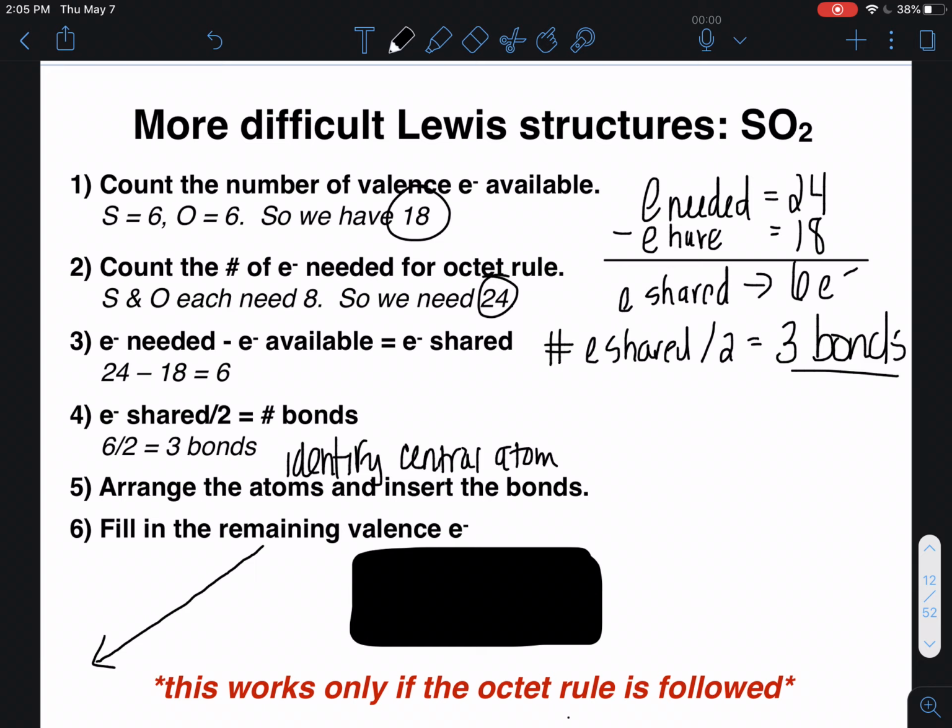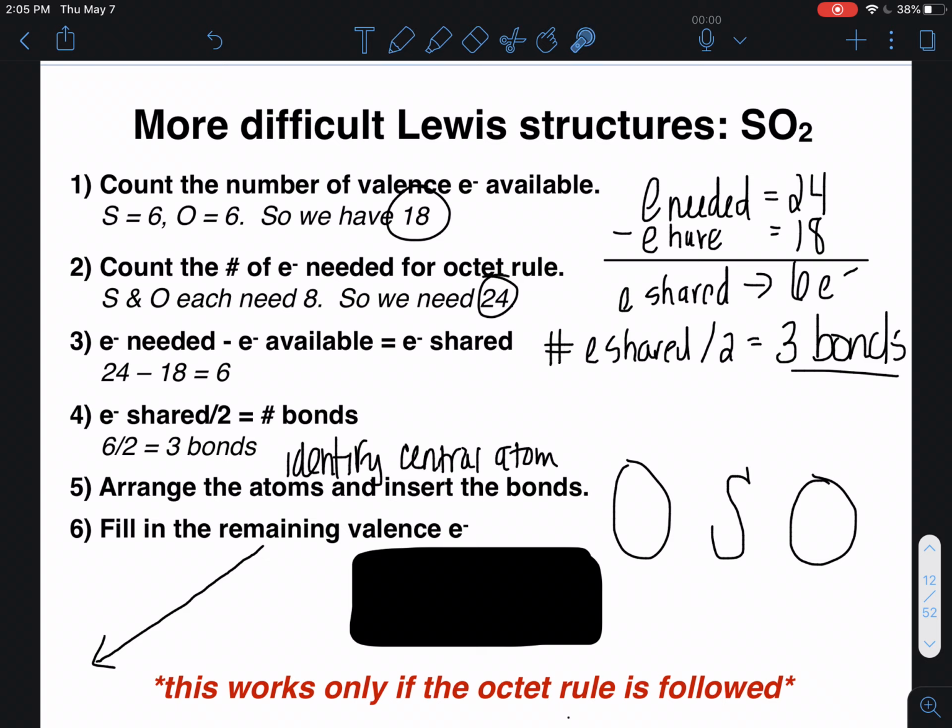Since sulfur is below oxygen on the periodic table, it's going to have more metallic character. Just a spoiler alert, we're going to relate metallic character to electronegativity in just a little bit. So sulfur is going to go in the center, and we place 2 oxygen atoms around the sulfur.